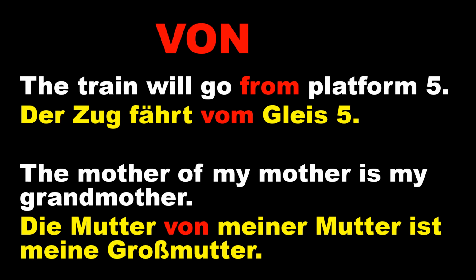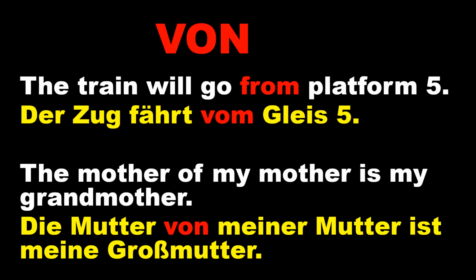I hope you have understood this. It's not that complicated. Here we haven't used the article in a composite form. You can see that it cannot be combined. That is why we have written separately von meiner Mutter. So that is how we will use the preposition von.